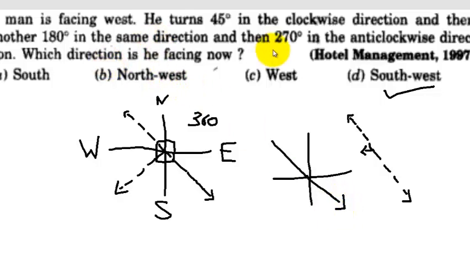Now in the same direction and then 270 degrees. We already know this is 180, making it 225 and 270. This is his final position, which is west and south. This way you can solve this question in less than 30 seconds. So now let's move to our next question.